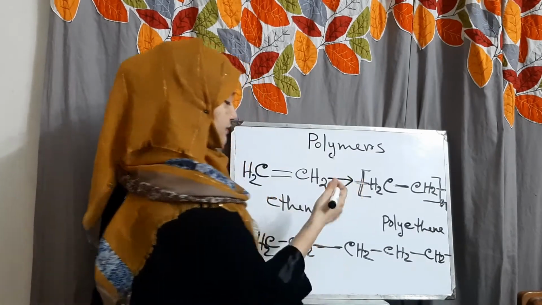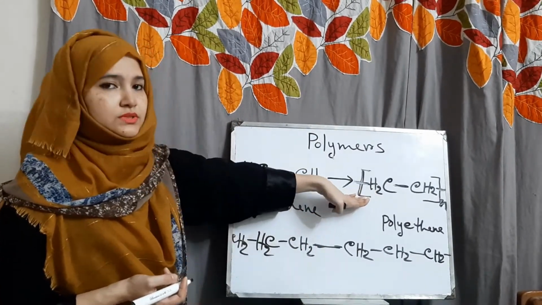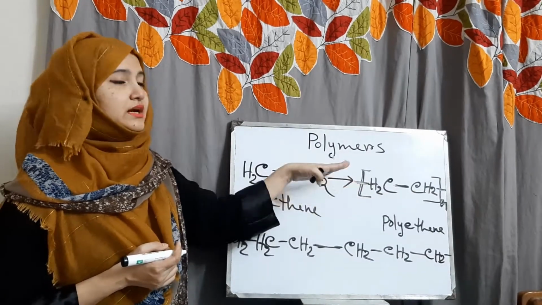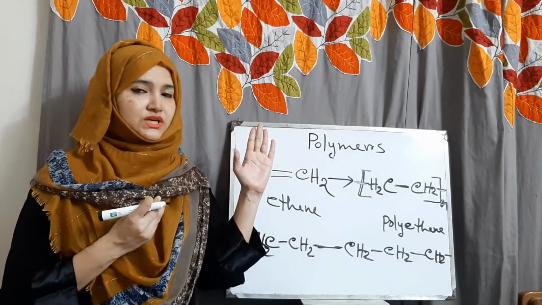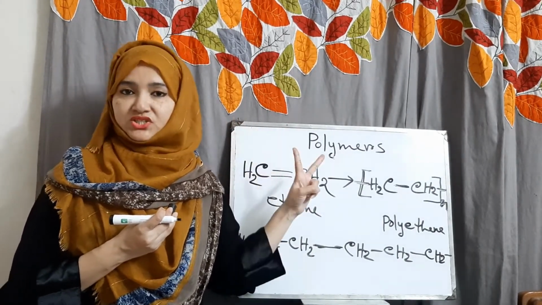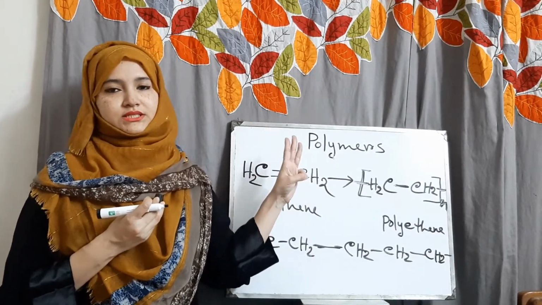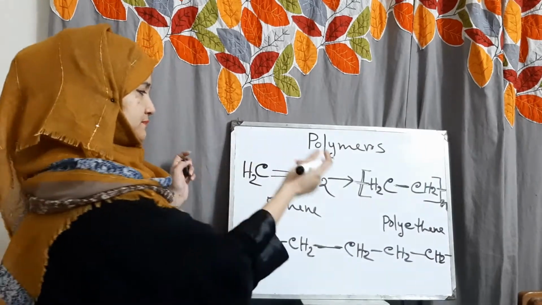And I have already said that the condition is very important. Three conditions have to apply for any polymerization reaction: one is very high temperature, two is very high pressure, and a catalyst. Okay.